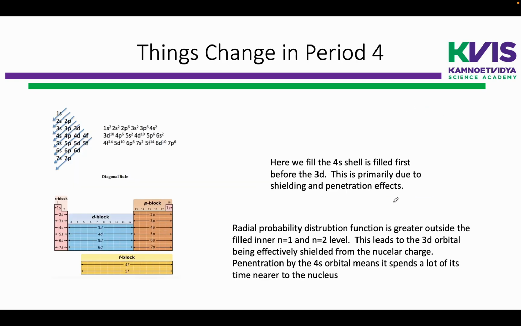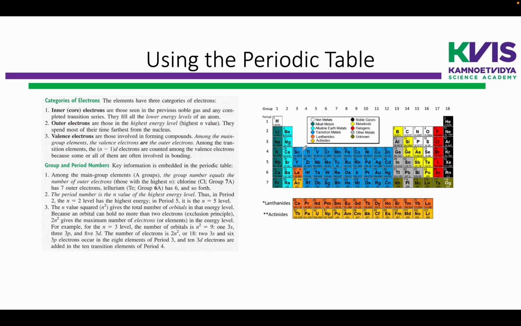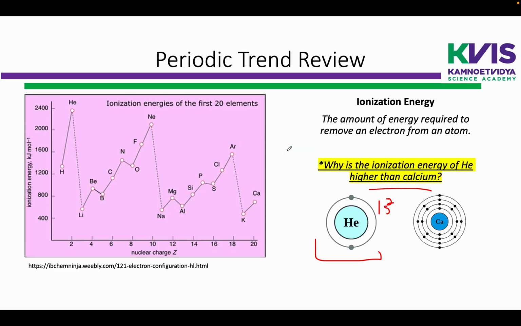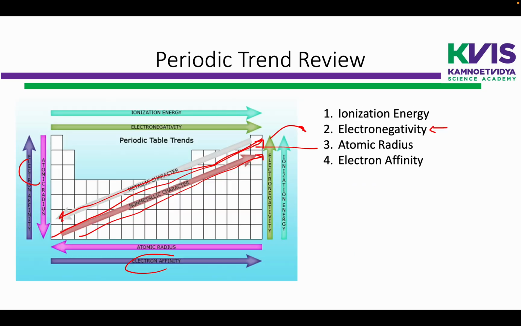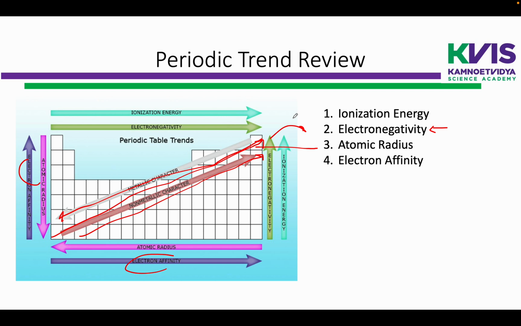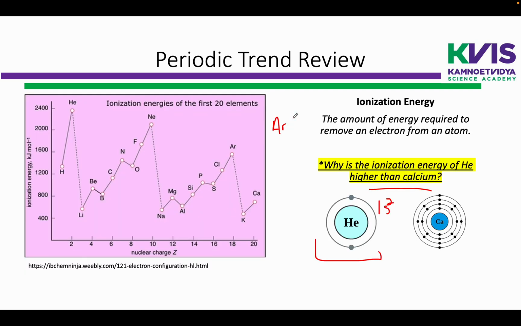Look at the periodic table. Calcium is here. n is equal to 4. So if we use the abbreviated electron configuration, it's Ar, K, and Ca, and n is equal to 4. So what is it?